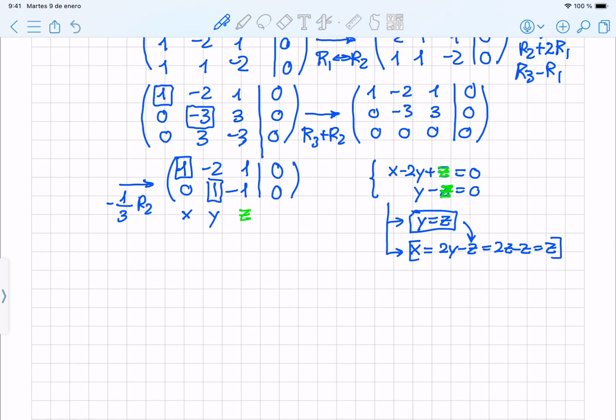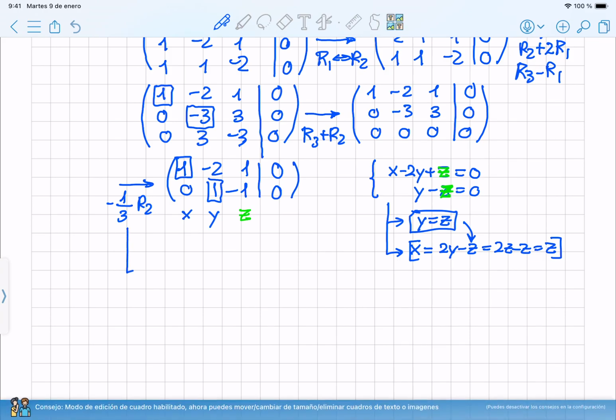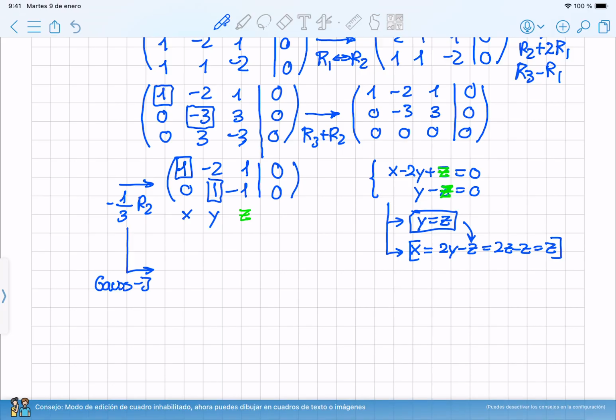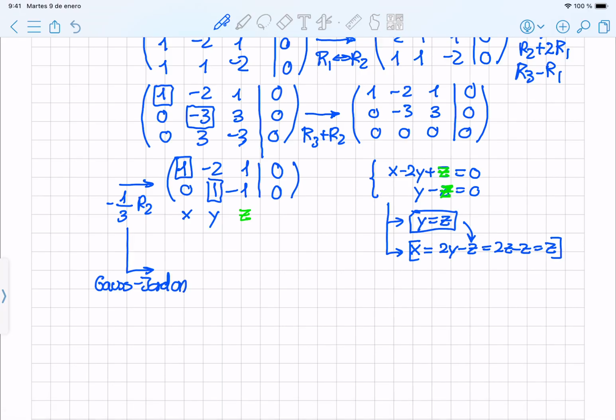But there is a quicker way, if you prefer, which is doing an additional step here, what is called the Gauss-Jordan part, that you used last week in order to compute the inverse, for instance, which is just making zeros above the pivots. So in this case, there is only one operation, which is row 1 plus 2 times row 2.